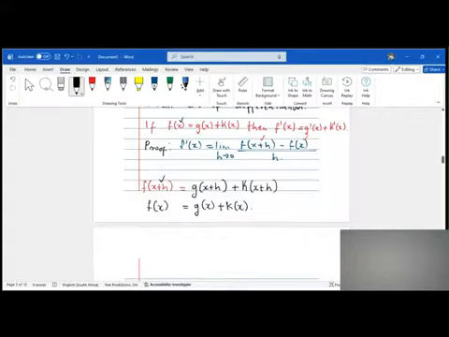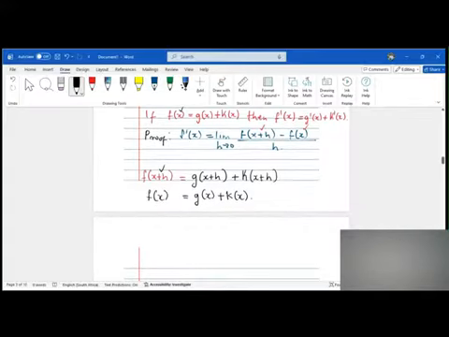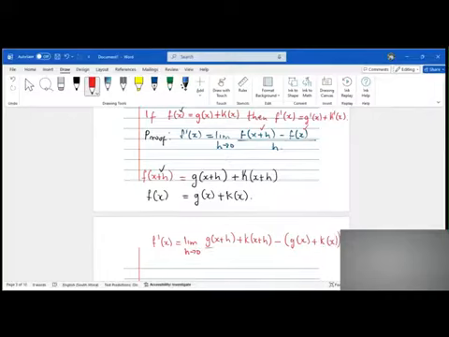So I'll plug everything into my first principle. I have my f prime of x will be the limit as h tends to 0 of f of x plus h, which is g of x plus h plus k of x plus h, then minus f of x. f of x is g of x plus k of x. This will then be all over h, after substitution.